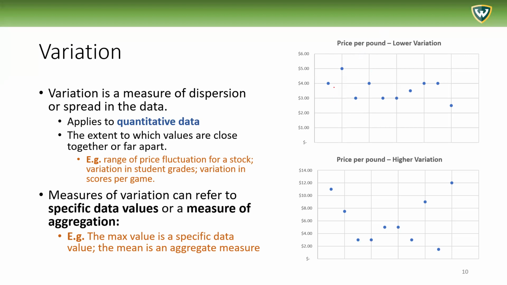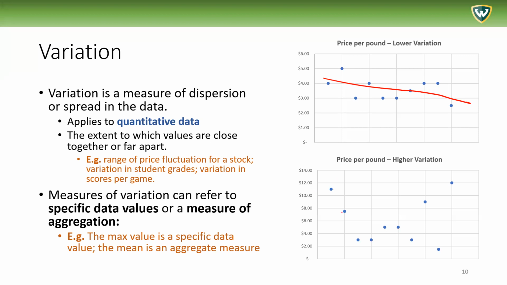So I have some examples here of variation. This is a kind of dot plot, not like the dot plot shown in the textbook, and each dot has to do with the items for sale. Each dot is an item for sale, some produce like beans and corn and things like that. Here we see lower variation because all the values stay close to a trend.